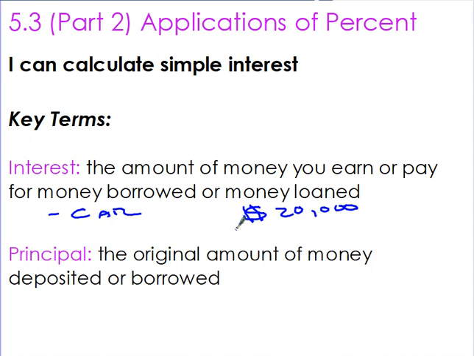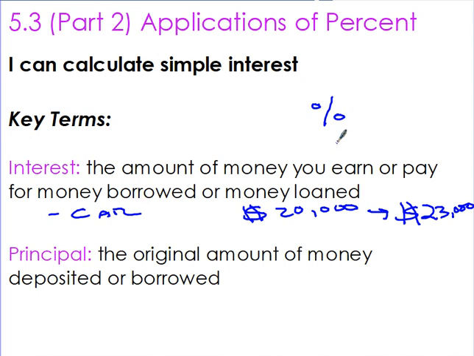If you're borrowing, it's extra money you pay back. So a $20,000 car, if you take out a loan to buy it, by the time you pay it off, maybe in 6 years, might end up costing $23,000 because you might have to pay $3,000 in interest.